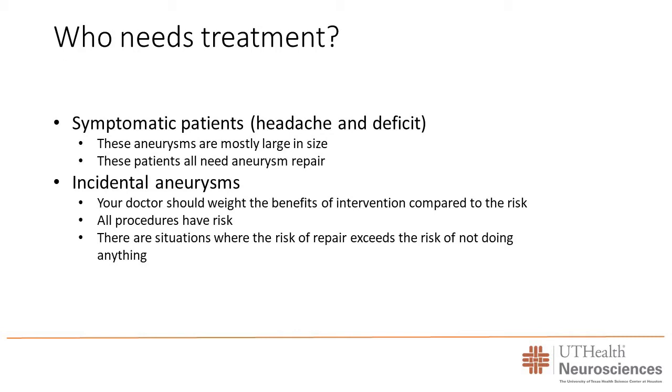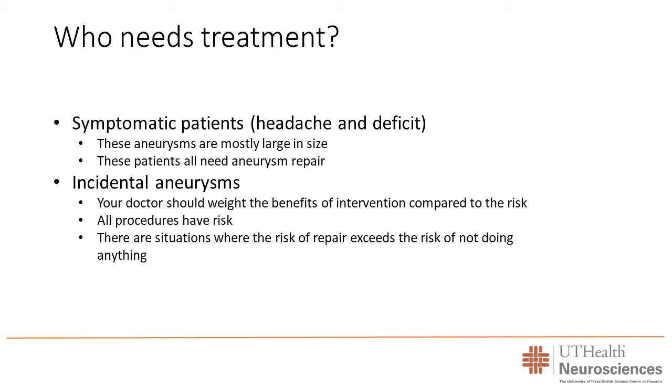Now let's say you have an incidentally found aneurysm. That's where we need to sit down and look at all those characteristics that we talked about. Where is the aneurysm? What size? How big? What does it look like? And weigh with your doctor the risk and benefit and decide what to do. And the reason for that is that there is no procedure that we have that has no risk.